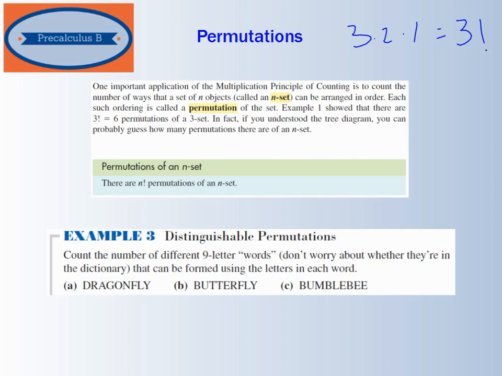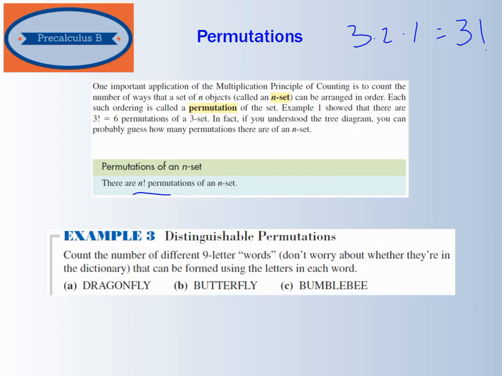Based on that first warm-up problem, we could find that there are n factorial permutations of an n-set. So if we have a set of 3 objects, there are 3 factorial permutations. If we had 10 objects, it's going to be 10 factorial, meaning 10 times 9 times 8 times 7 times 6, etc. Now look at this next example, where we're asked to count the number of different 9-letter words.